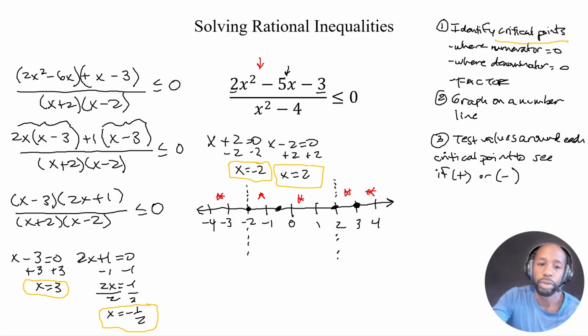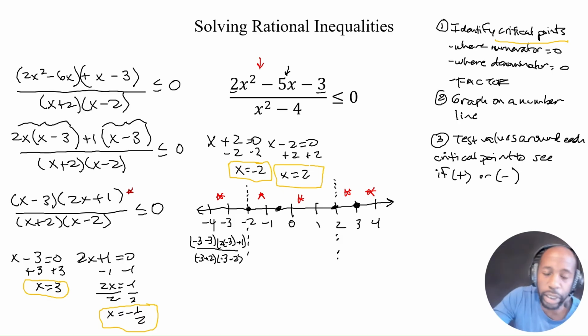All right. On the left side of negative 2, let's plug in negative 3. I'm going to plug it into the factored form of the equation, because that's a little easier to see. So it's negative 3 minus 3 times 2 times negative 3 plus 1, over negative 3 plus 2 times negative 3 minus 2.